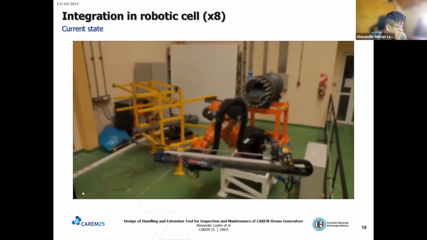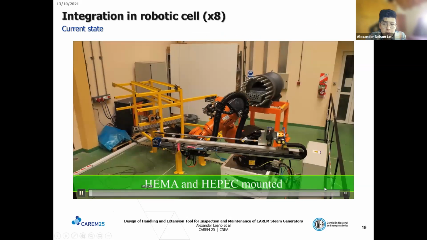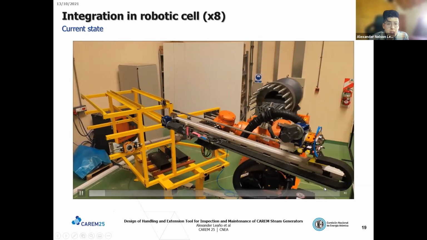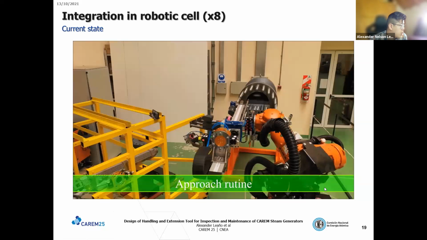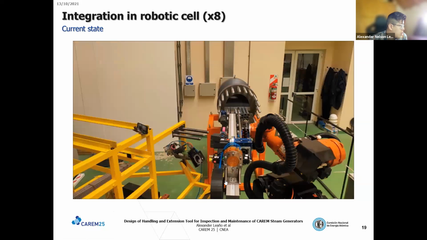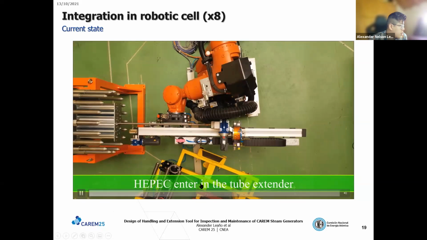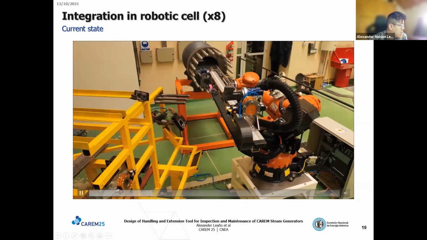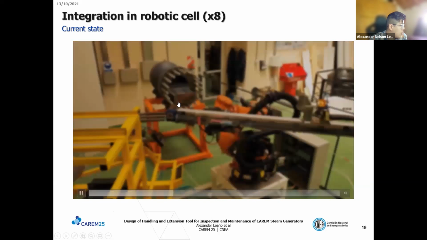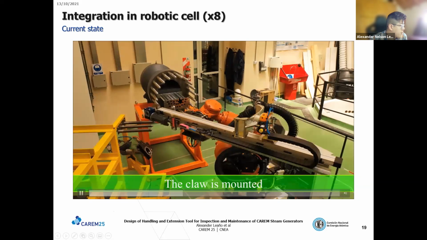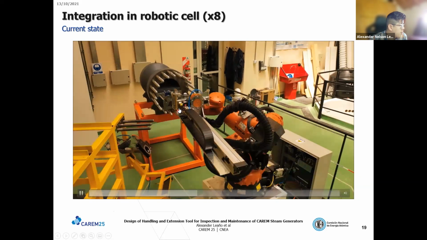Here I have a video to show the integration. All of this is in progress. We can see in the video the approach routine. This was quick. We can see here when we take the extensor tube.